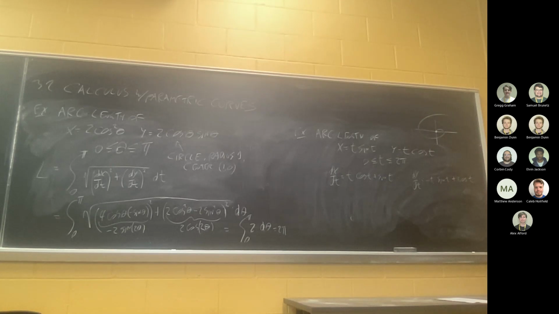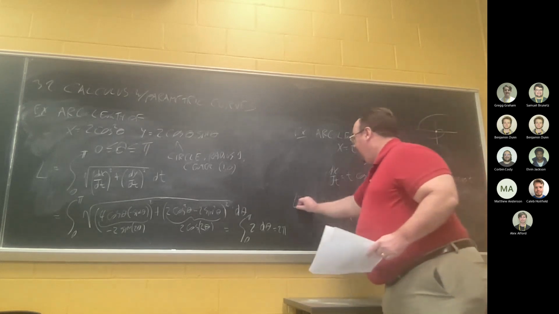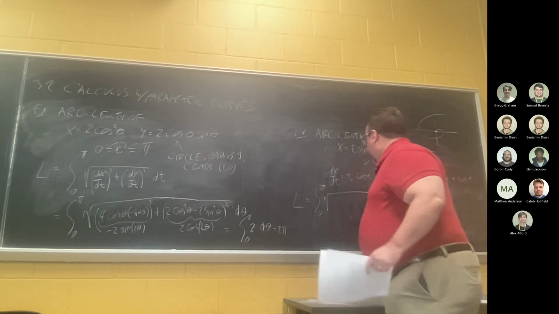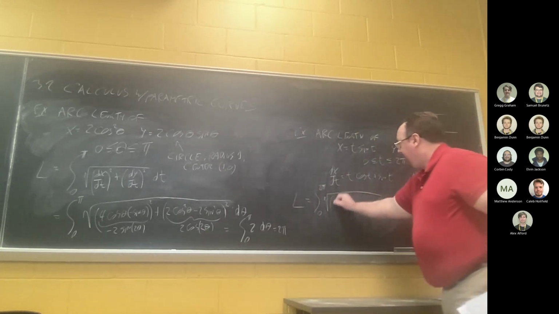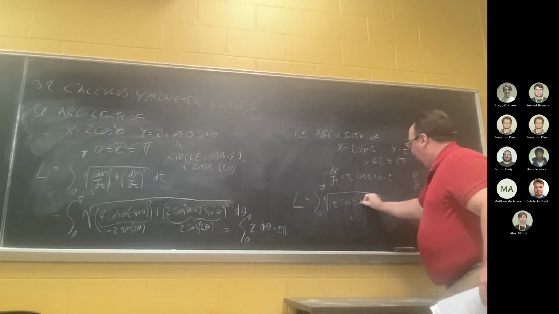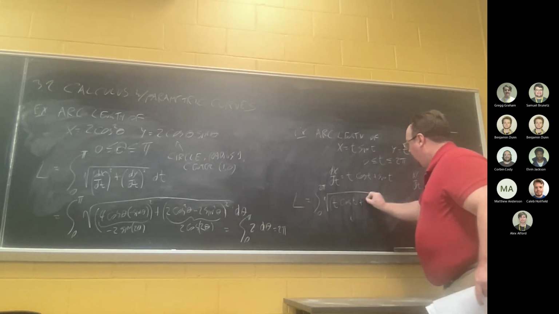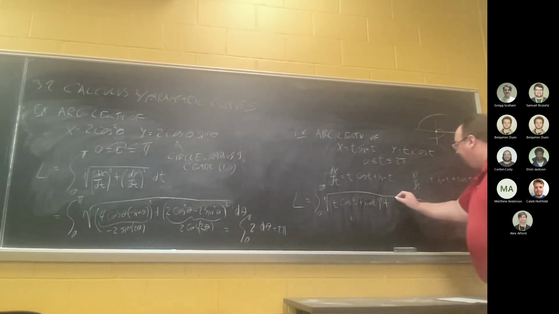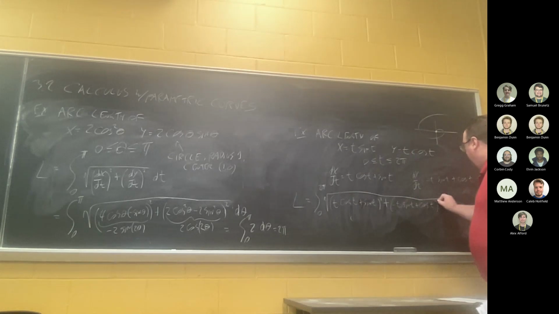Okay, so we can see we're going to have a big algebraic mess. So the integral will be from 0 to 2 pi of the square root of this derivative squared plus this derivative squared dt. Wow, that's a really chaotic square root sign.